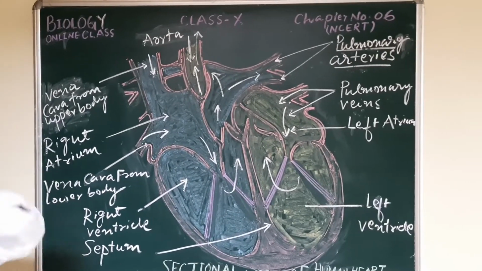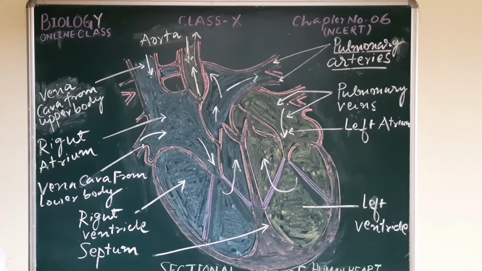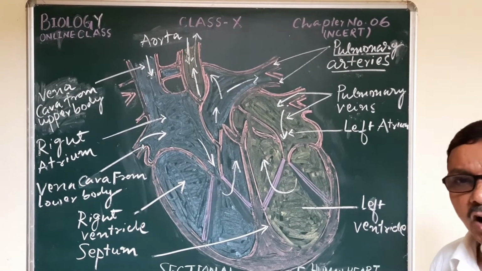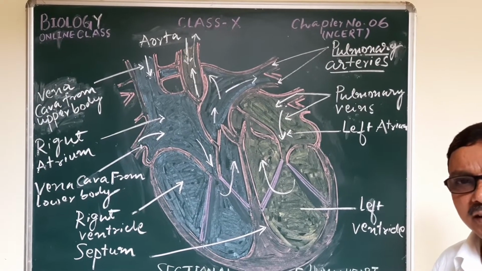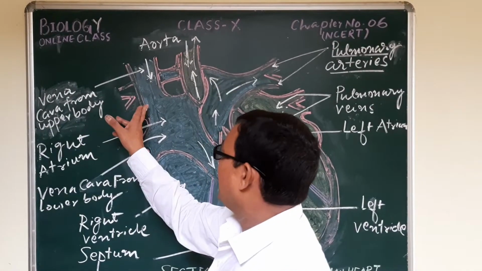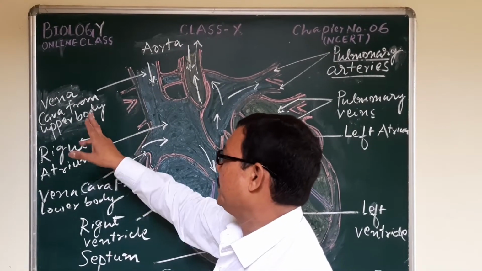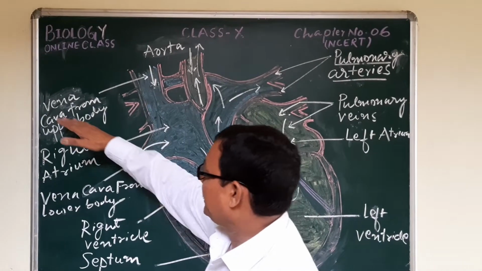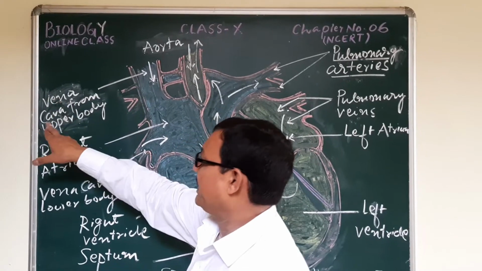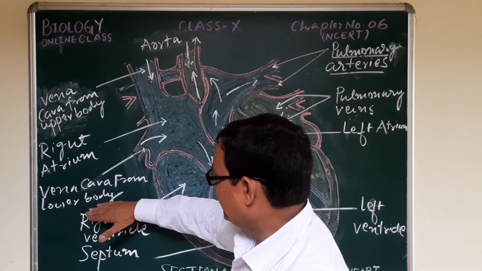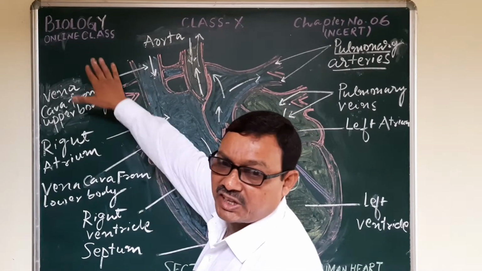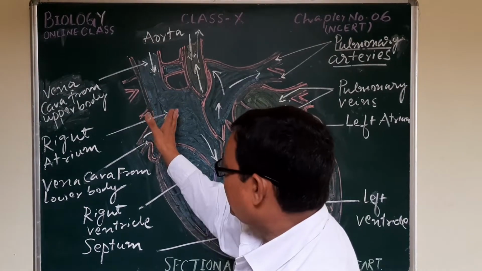From the various upper parts and lower parts of the body, the deoxygenated blood is collected and will enter the chambers of the heart in this way. From the upper side, the superior vena cava, and from the lower side, the inferior vena cava, bring that blood to first where it will come.